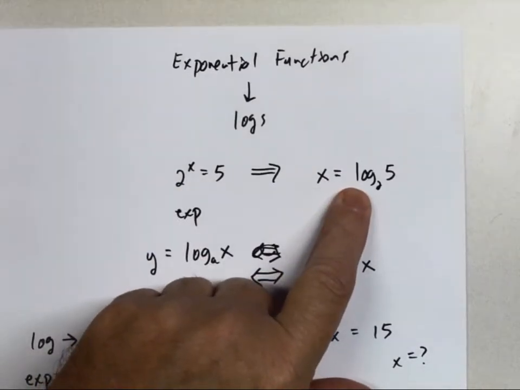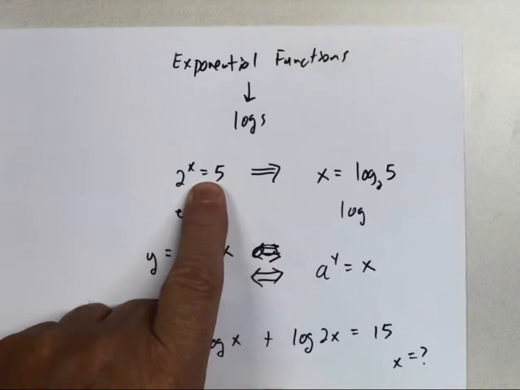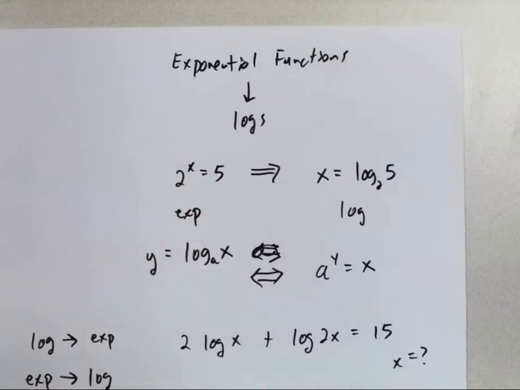And then you'll have some problems where they'll say, here's a log equation, rewrite it as an exponential equation. The reason they have you do that is because later on, when you begin to solve equations, you have to be able to go back and forth between log equations and exponential equations.